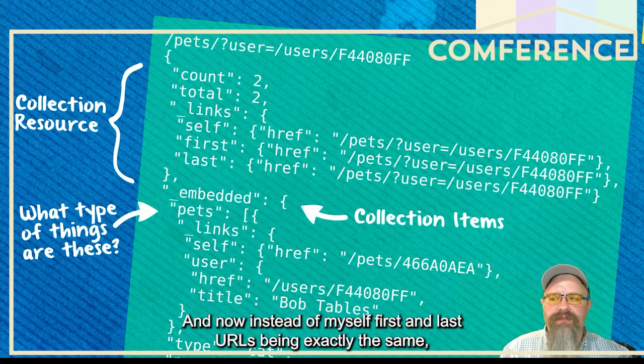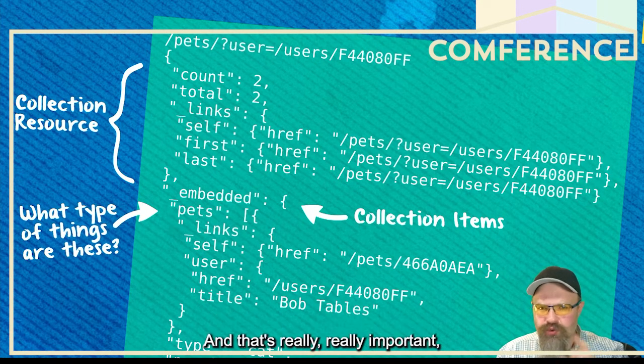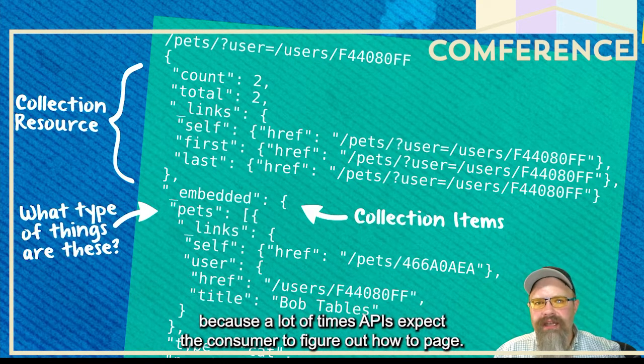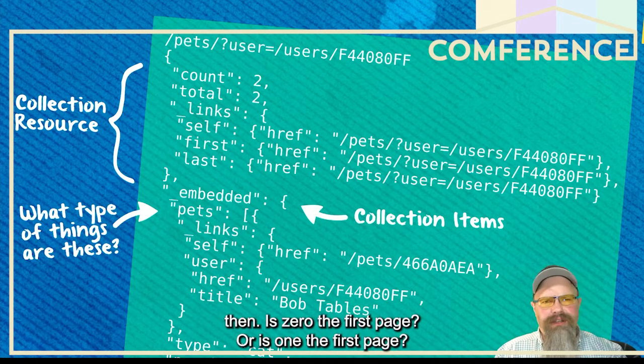And now instead of my self, first, and last URLs being exactly the same, I might have a next to tell me I can get to my next page. And that's really important because a lot of times APIs expect the consumer to figure out how to page. That can be confusing because there's a lot of shared knowledge then. Is 0 the first page or is 1 the first page?